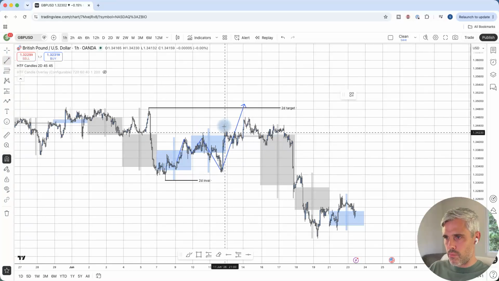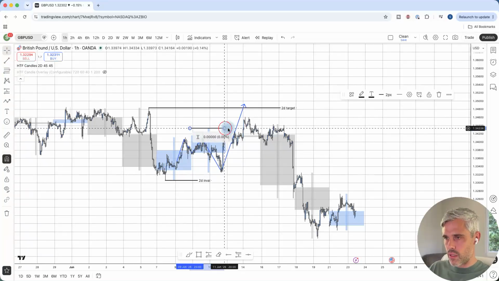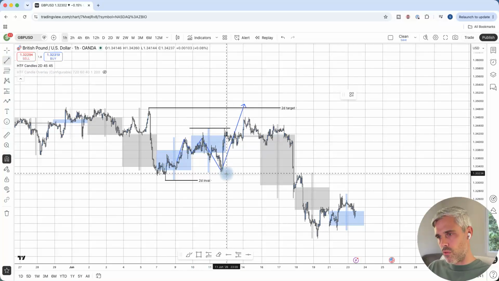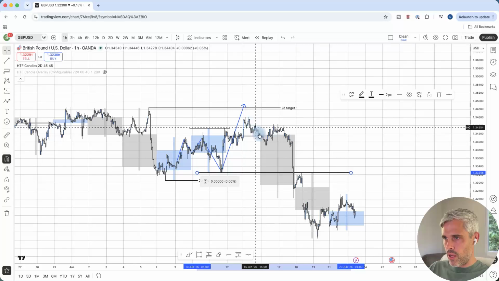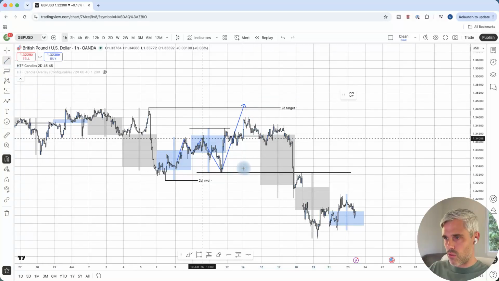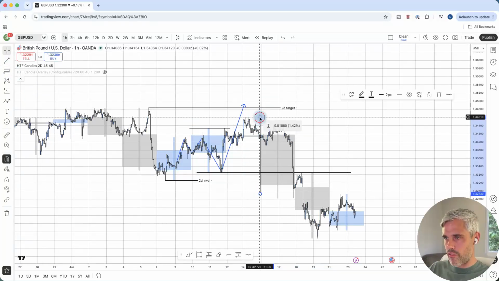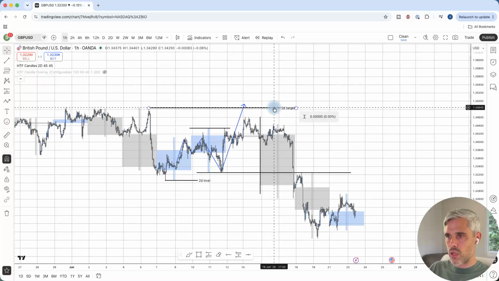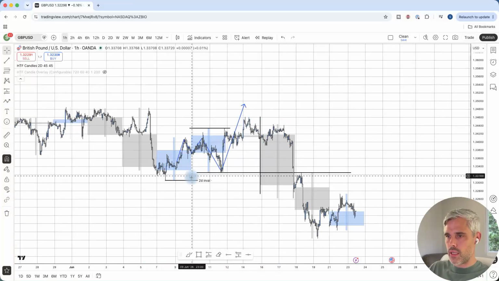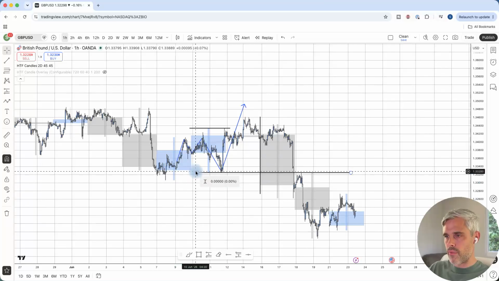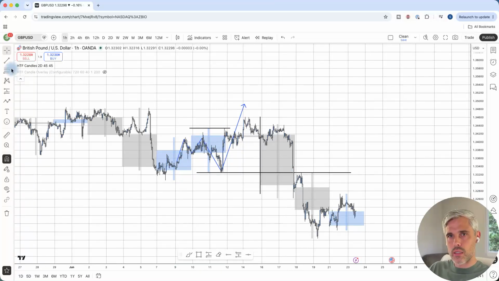It runs higher until we get this shift inside. And what price does is it builds a new range here. This is the high, and the low of the range, the low of the candle, is here. And when we close this candle right here, essentially this target flips. This is no longer the 2-day target. We've had fresh manipulation, so we can delete that and we can delete that. Where is price now targeting?